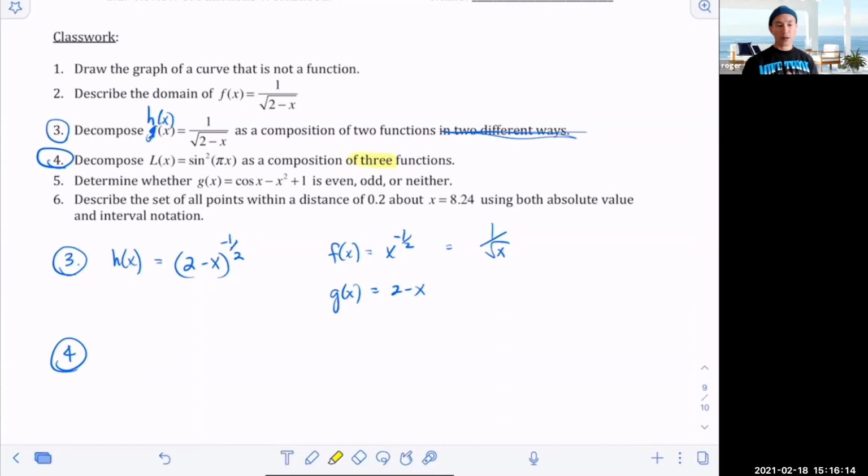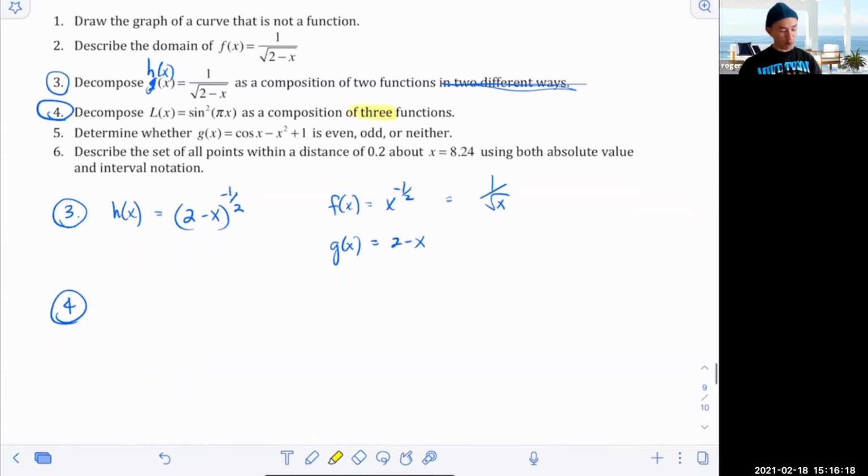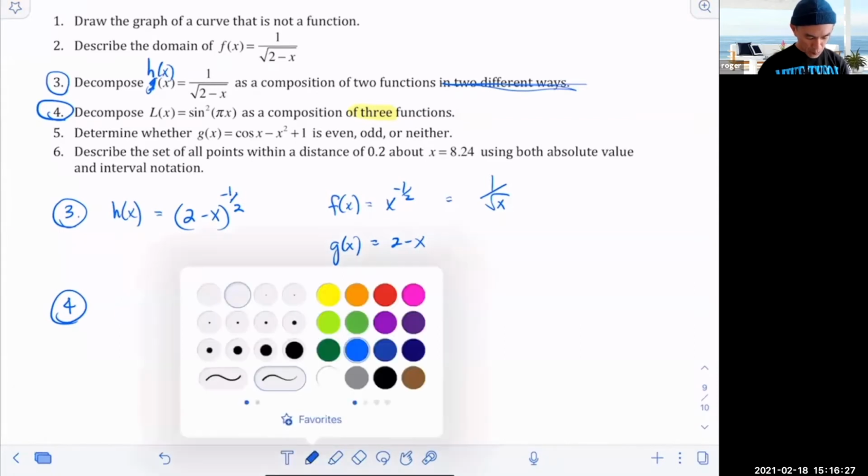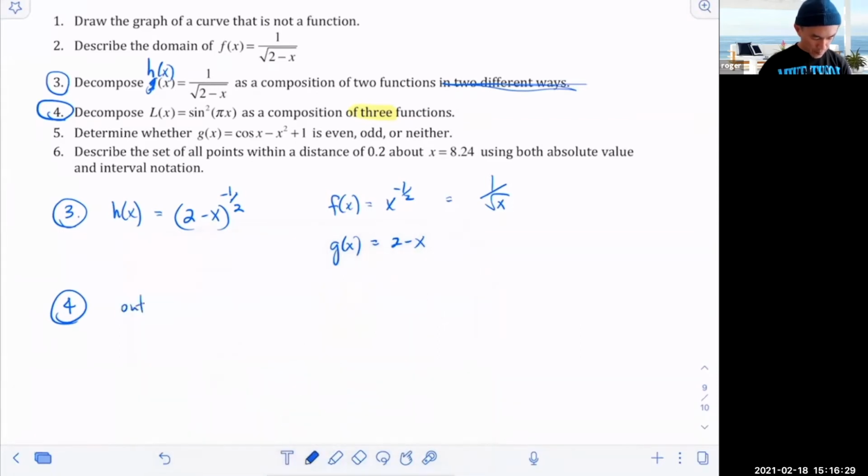So maybe when we write this, we want to say the outside, the middle, and the inside.